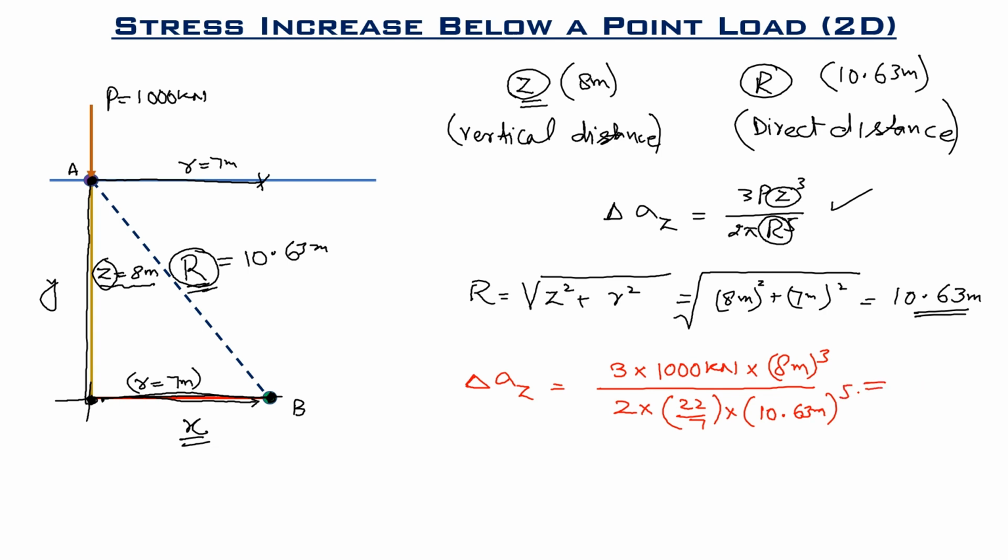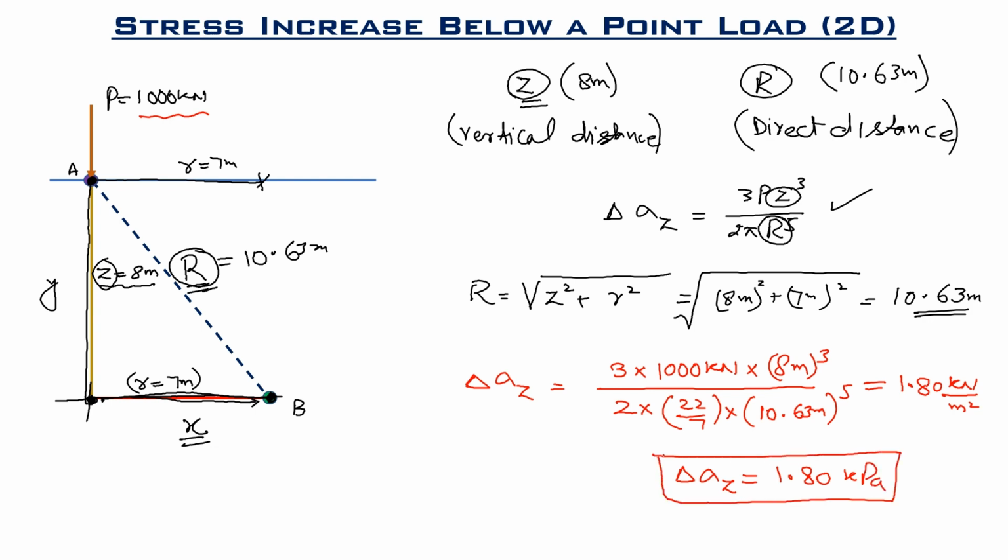When we simplify this formula, we get the answer as 1.80 kilonewton per meter square, which is 1.80 kilopascals. So the stress increase below this load of 1000 kilonewton, at a point vertically 8 meters and horizontally 7 meters from the load point, is 1.80 kilopascals.